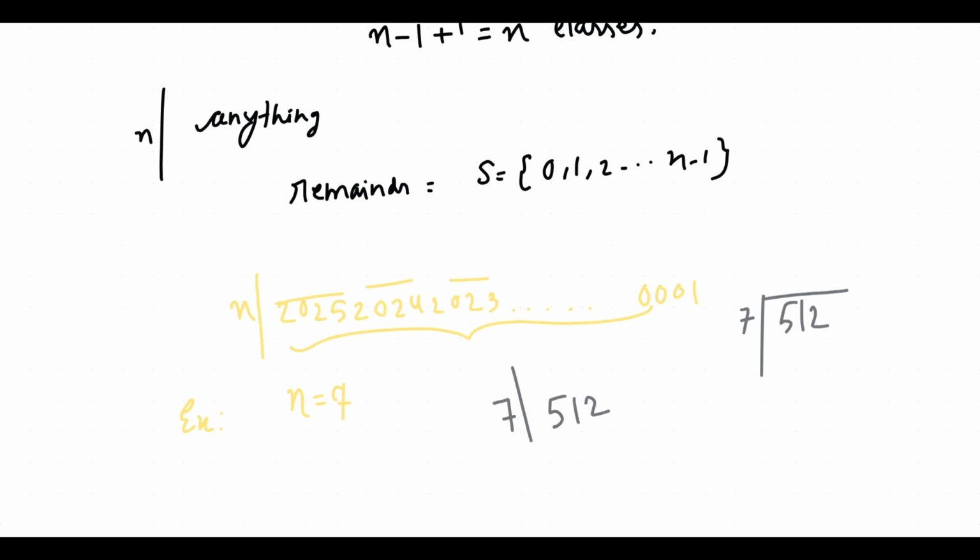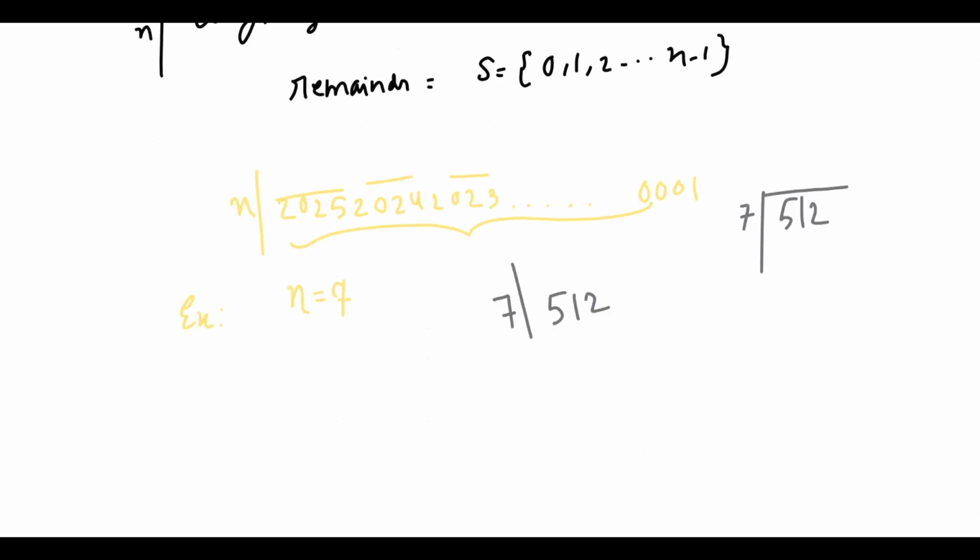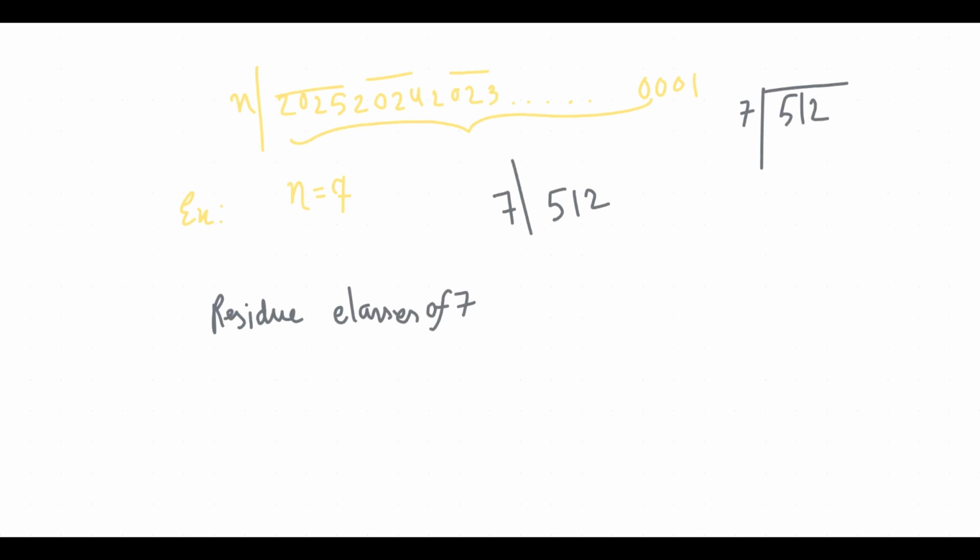Then we can show that it is in the set of that. When we find remainders, it will give this. So we can write the residue classes of 7, right?